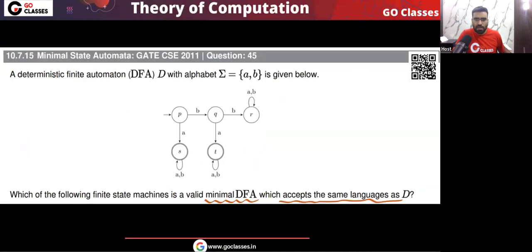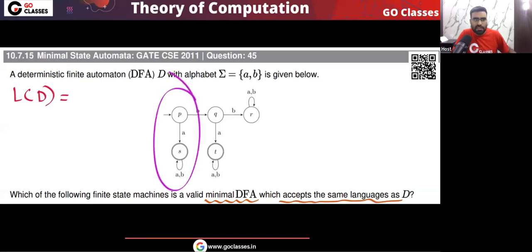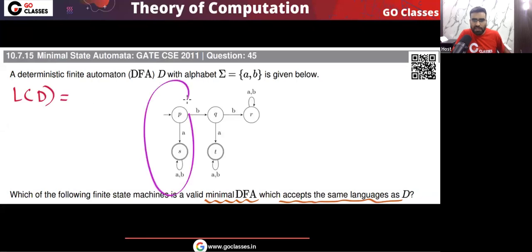There is another method to solve this question: you recognize the language. What is the language recognized by DFA D? You can easily see, every string starting with A is accepted, or starting with BA is also accepted.